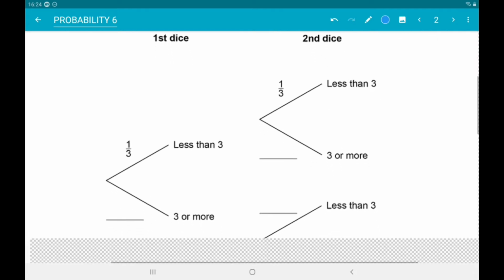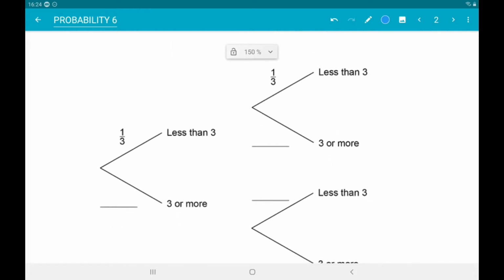So, on a normal dice, 2 numbers are less than 3 out of 6 possible numbers. So the probability of less than 3 is 2 out of 6, or 1/3.